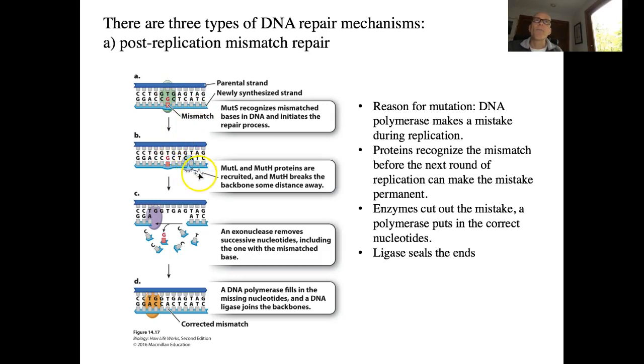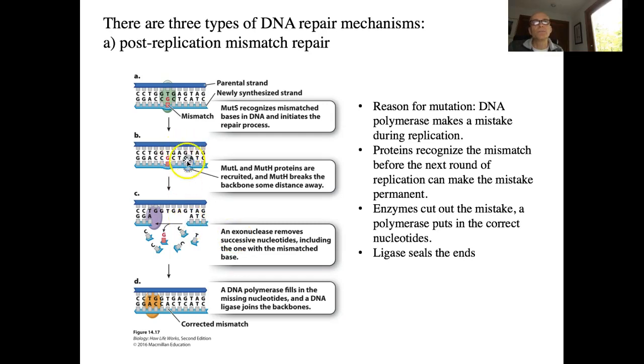And when they bind, when they're recruited, they eventually get an enzyme to work that's called an exonuclease. An exonuclease means it cuts away. Nuclease is anything that cuts DNA. And an exonuclease cuts something out, cuts from the end away.